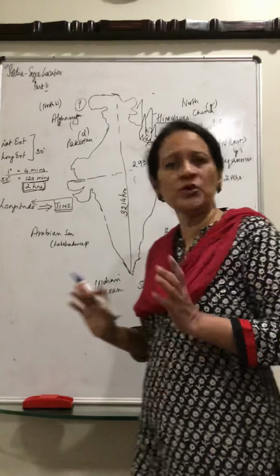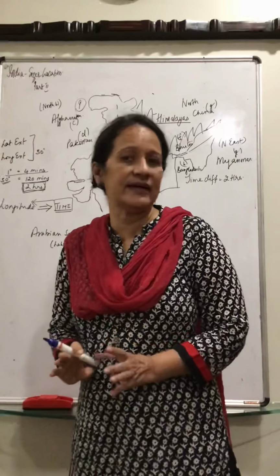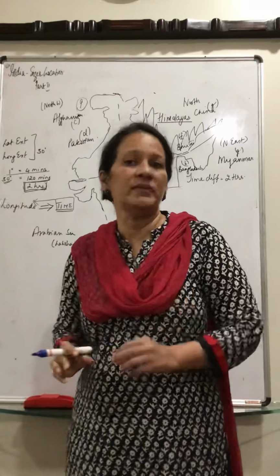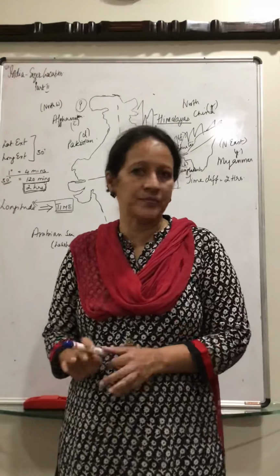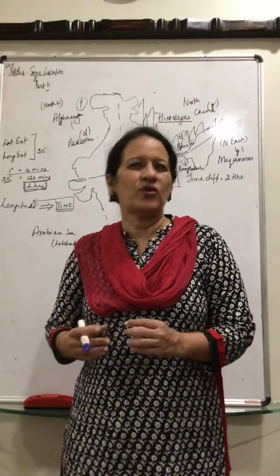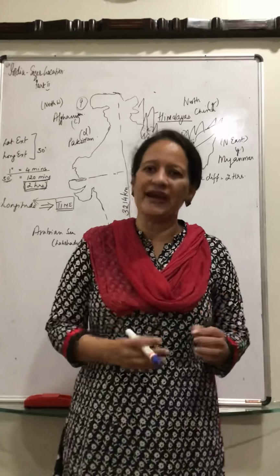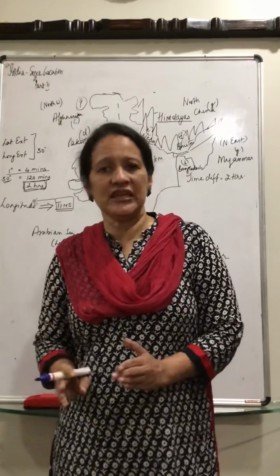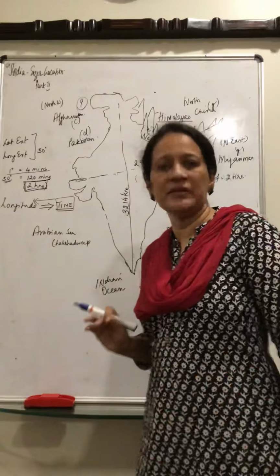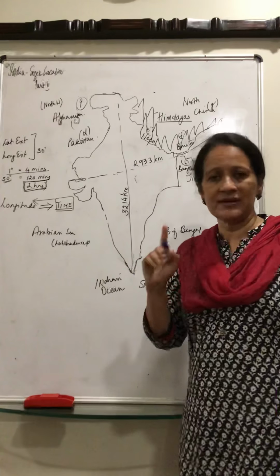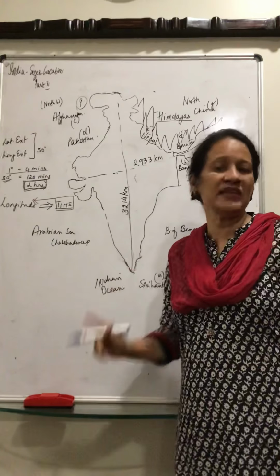But we have a uniform time for the entire country. We do not have different time zones like Russia or America. Our time zone is the same. We did this so that it would be easier for your railway timetables, your airline schedules, and so on and on. So we have taken the standard meridian of India, that is the longitude. Again, remember, time is only with longitude.